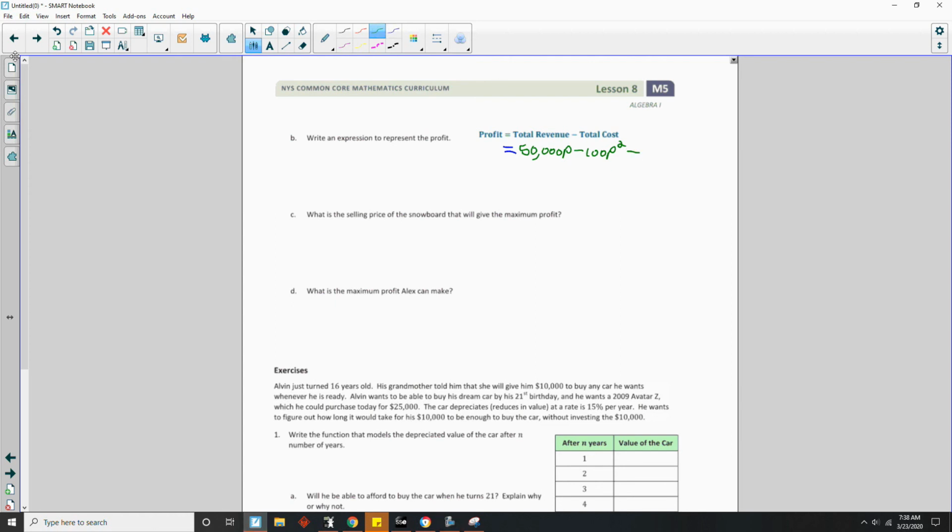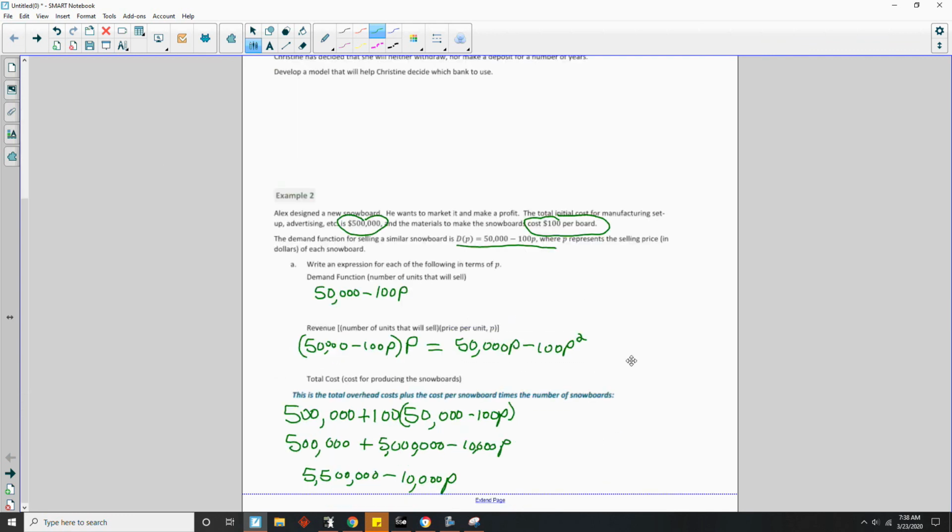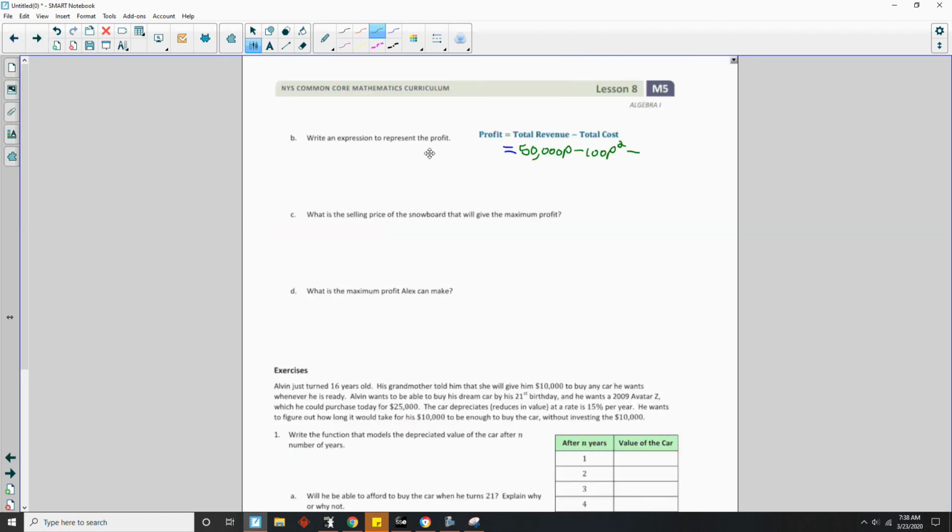So again, if I go back to my prior page, total cost is right here. So I'm just going to copy that, bring it over to the next page, paste it, and that will go right here.